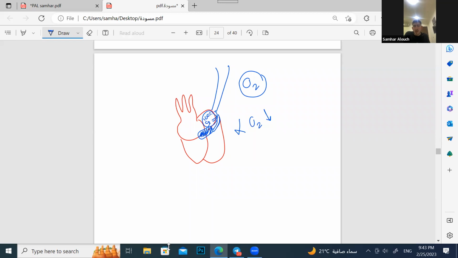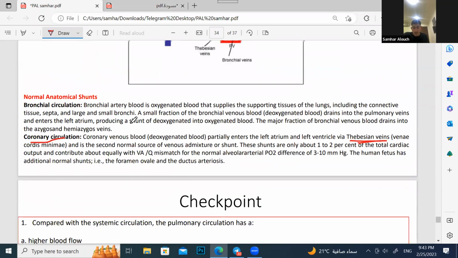But because of this Thebesian vein shunt, it sends some unoxygenated blood to the left atrium, so we will not have 100% oxygenated blood. It will decrease to, let's say, 90%, because we mixed it with unoxygenated blood, and this is bad.